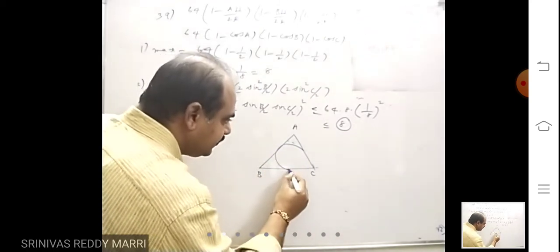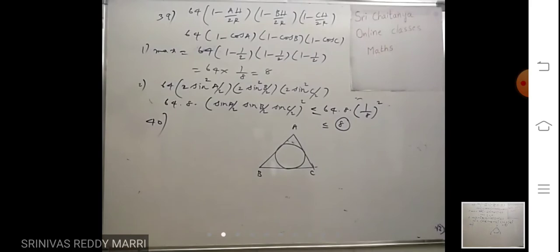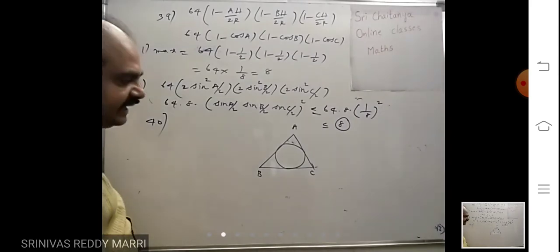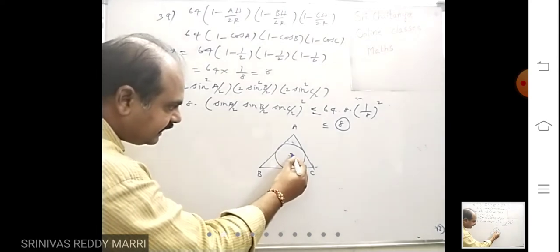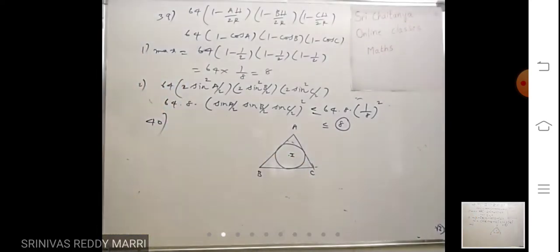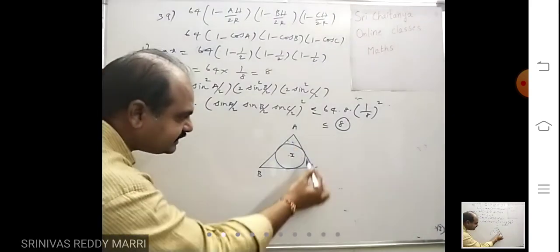This is the incircle, and this is the incenter. What he is telling is that the circumcenter lies on this incircle.